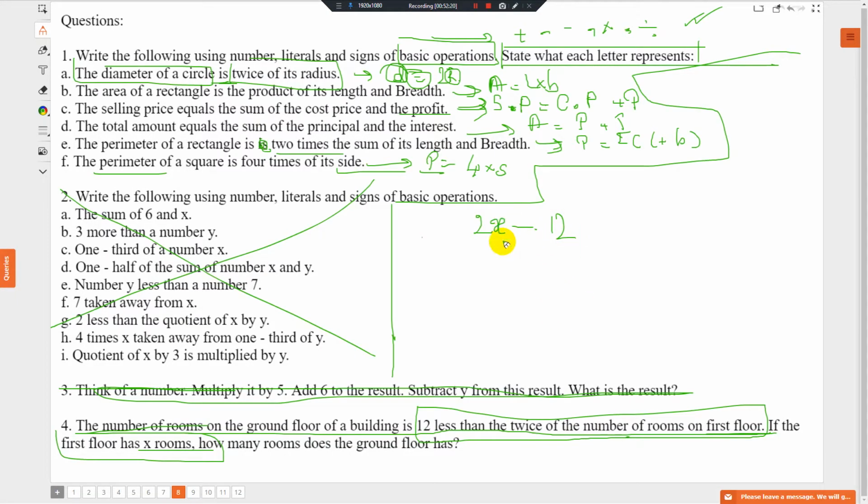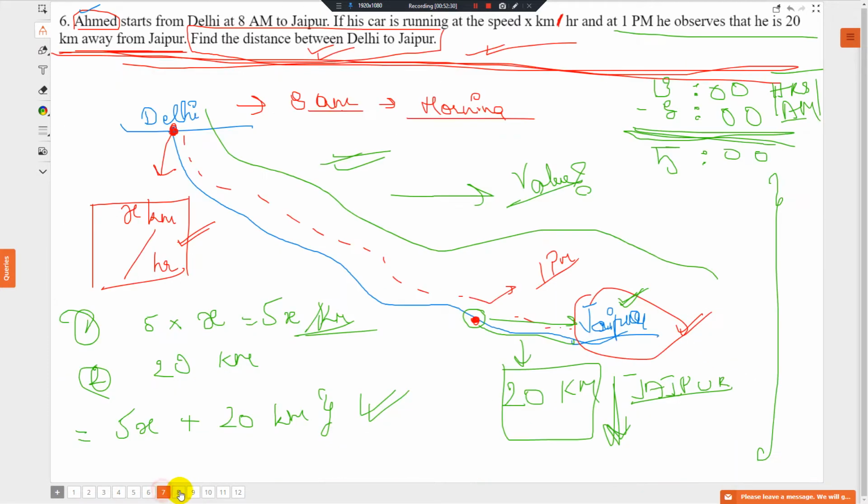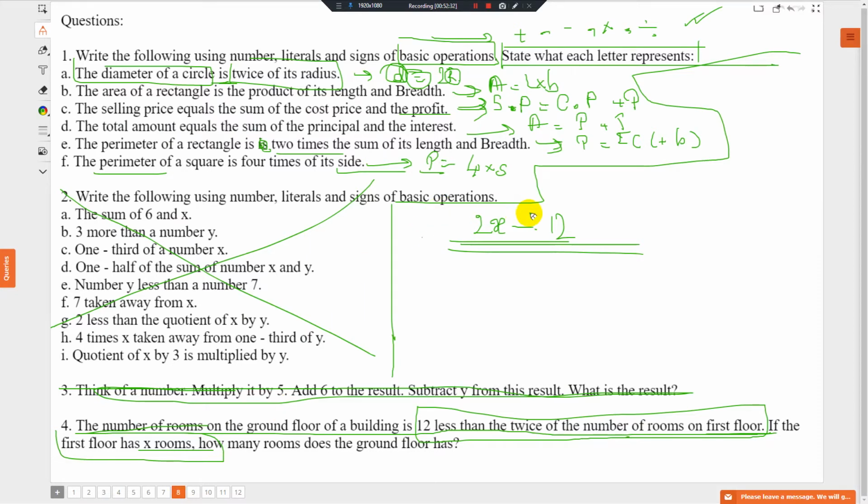How did I find that we have to change the order? Because '12 less than' comes in change, that's why I changed the order. That is 2x minus 12.